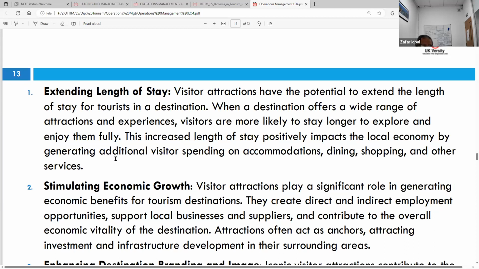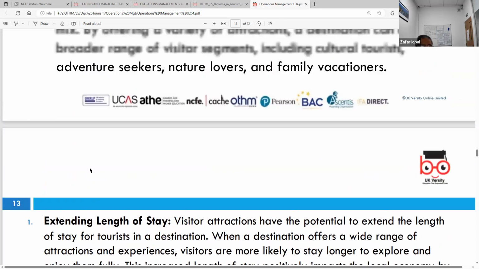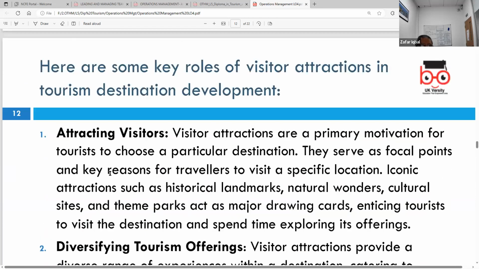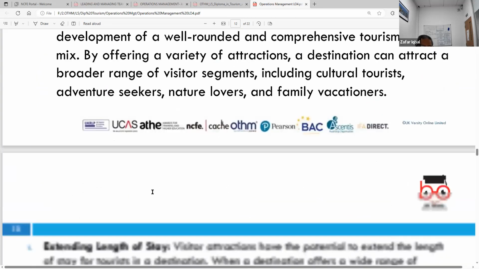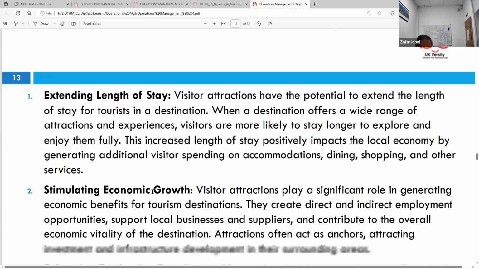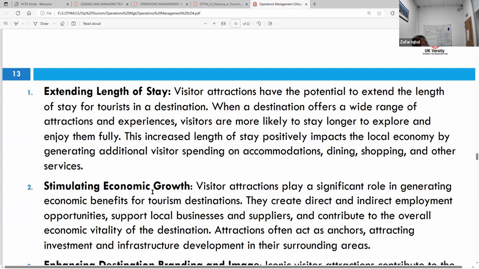So the places they should be visiting should be very welcoming, so they can enjoy them and remember them. So the visitor attraction must be attractive for them to stay. Otherwise they get bored and just pack their bags and go in no time at all.